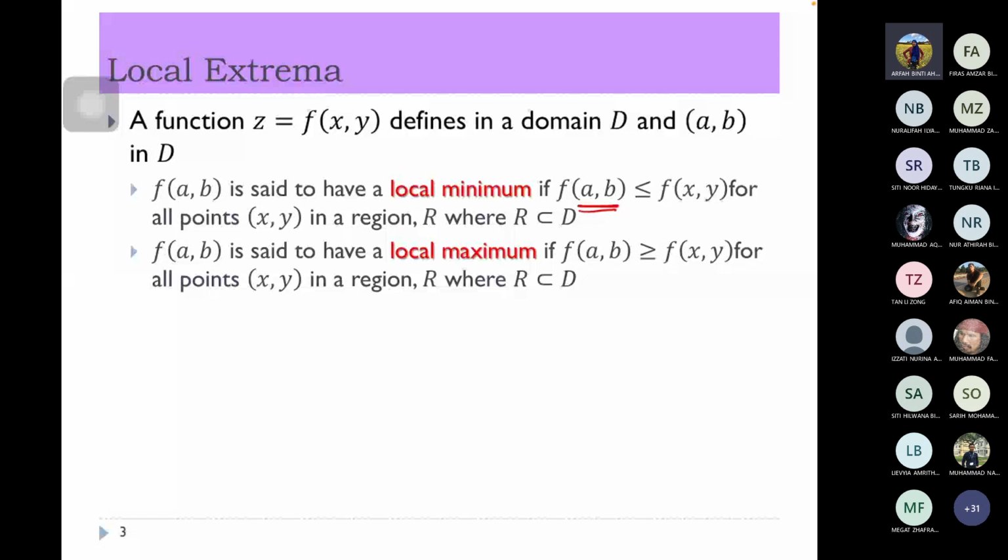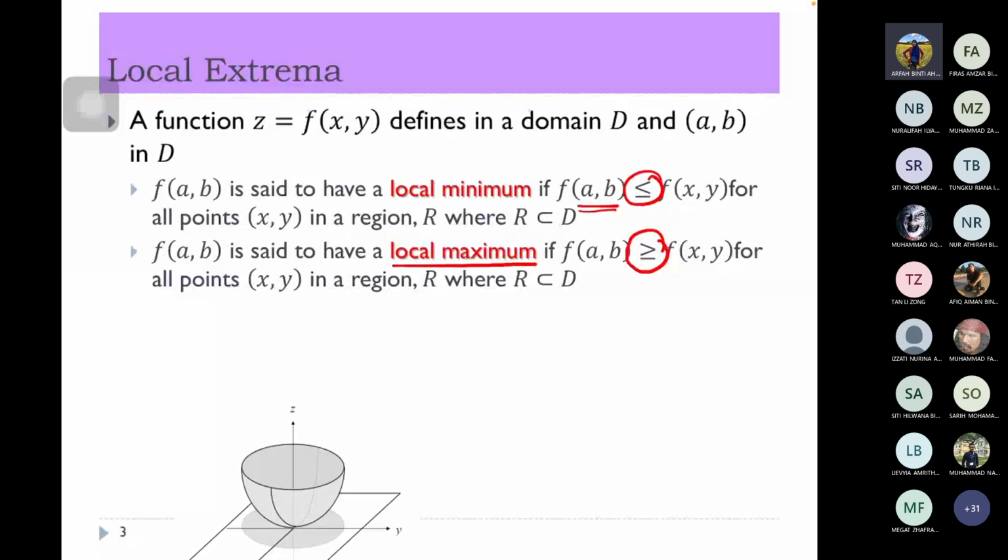So it will be the minimum point if the sign is less than. But if the value of the function, once you substitute with the point (a, b), is greater than the function itself, then the point will be called a local maximum point.